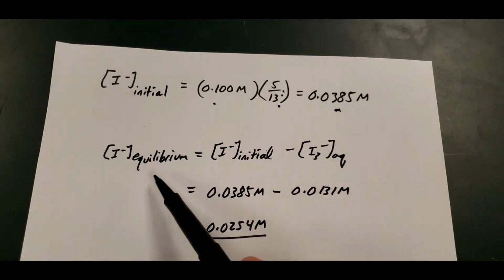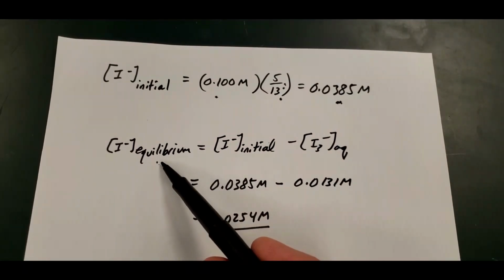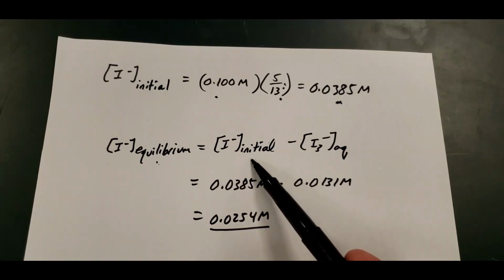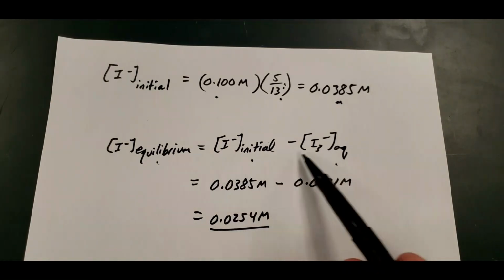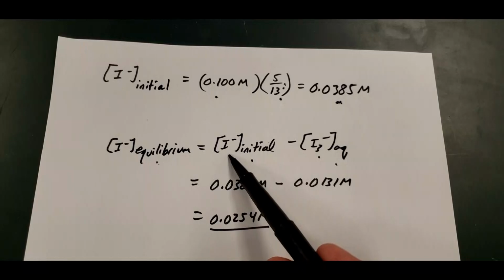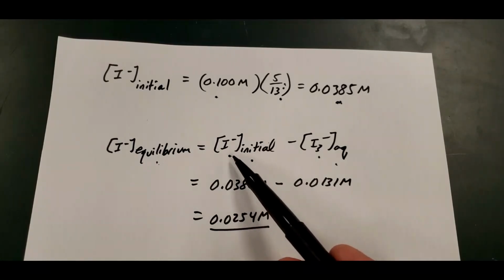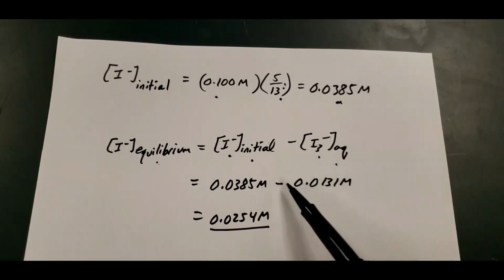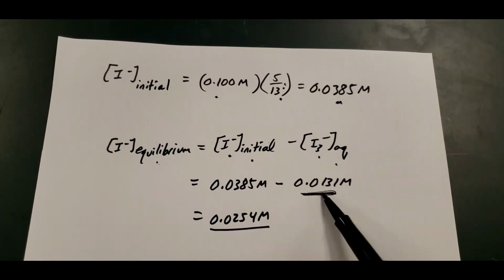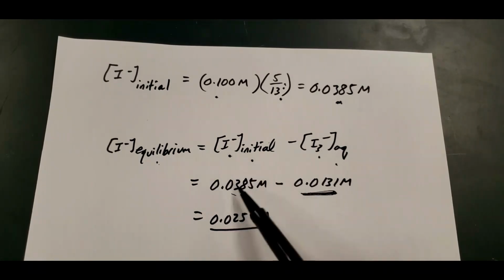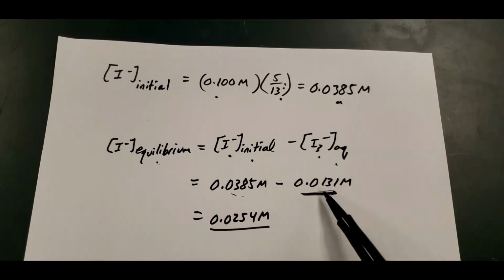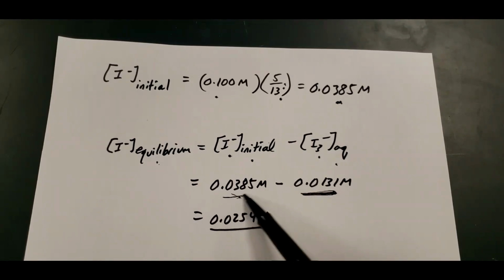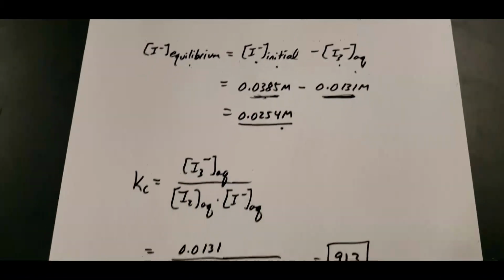At equilibrium, when the reaction is done, we have the initial minus the triiodide, because all of the triiodide came from the iodide, in a 1-to-1 reaction, if you look at the reactions. So we subtract off what we found, and this is how much iodide is left by concentration. Now we have it all.